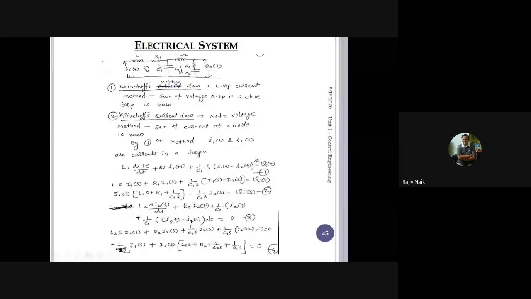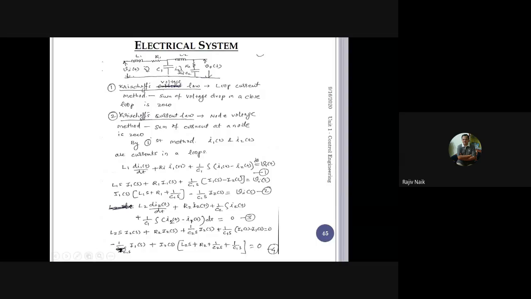Similarly, there is another loop also. You can see the second loop. The current in the second loop is I2. In this loop there is L2, R2, C2 and C1. C1 is common to both loops. So this is the second loop and the current is I2.